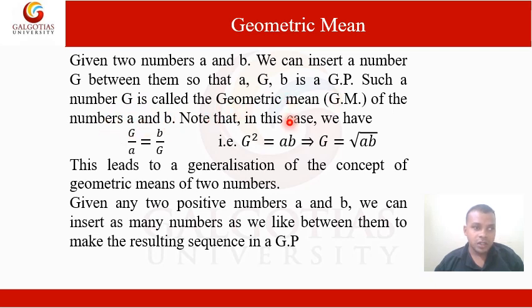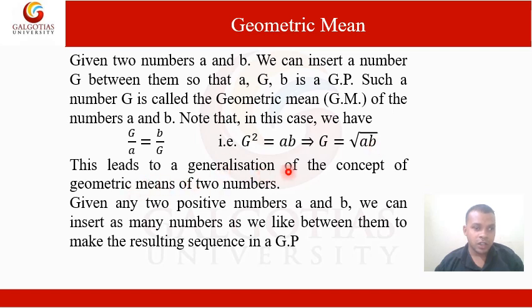That means, by using the definition of geometric progression, g divided by a must be equal to b divided by g. So I can have g by a is equal to b by g. I can solve this by cross multiplication, so g squared will be equal to a into b. So g will be equal to the square root of ab.